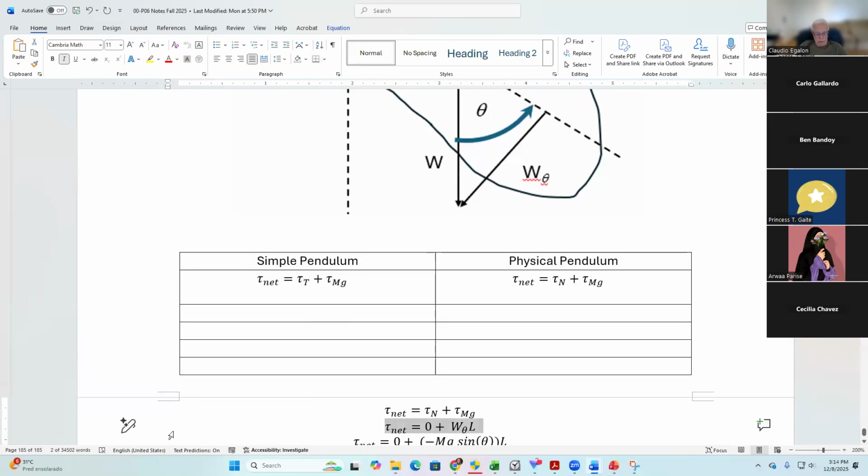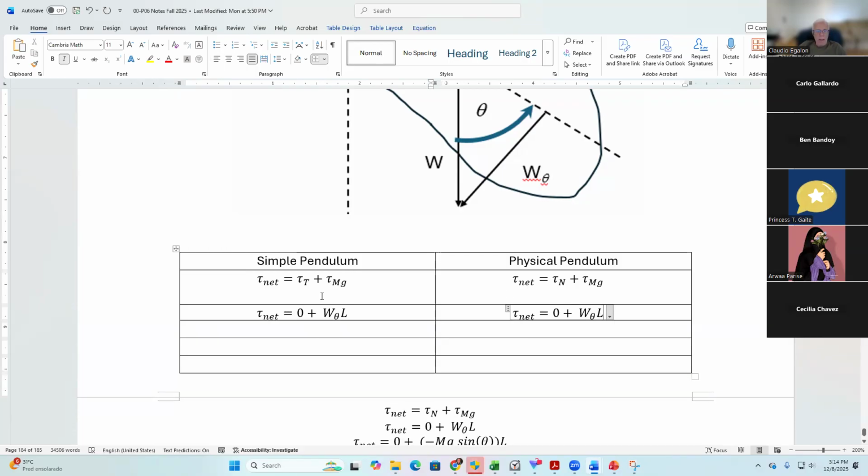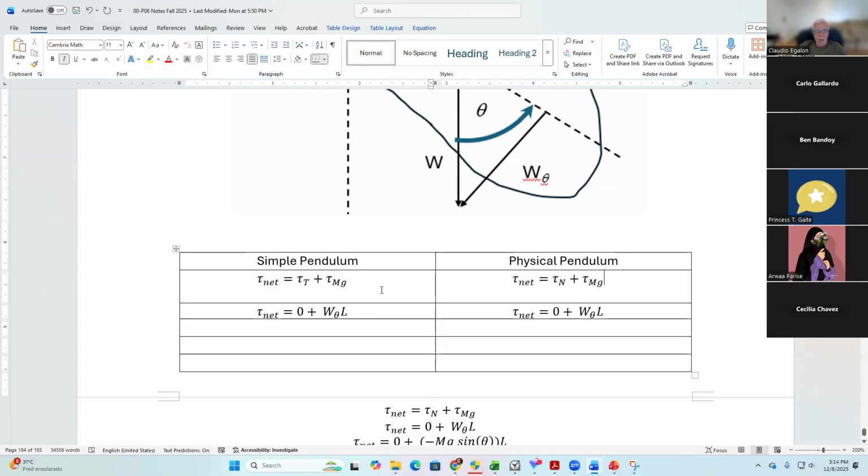In both cases, the net torque is going to be given only by the torque of the weight.